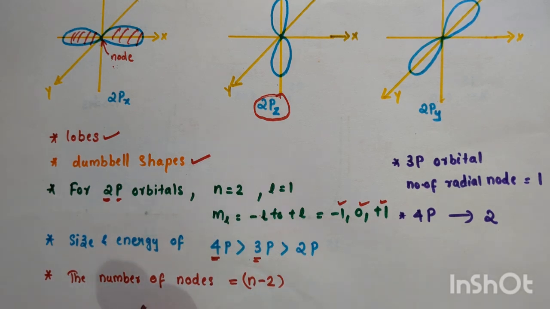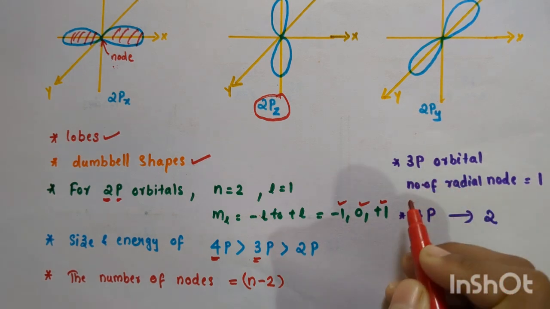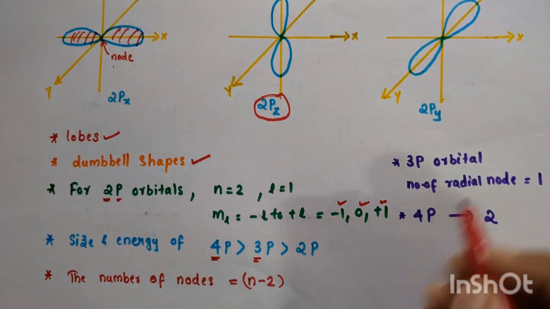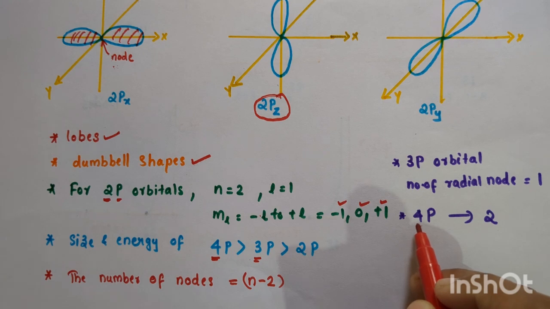For p orbitals, the number of radial nodes can be calculated using the equation n minus 2. For 3p orbital, the number of radial nodes will be n minus 2, that is 3 minus 2, which is 1. If you consider 4p orbital, the number of radial nodes is 4 minus 2, because n is 4, which is 2. What do we mean by radial node?